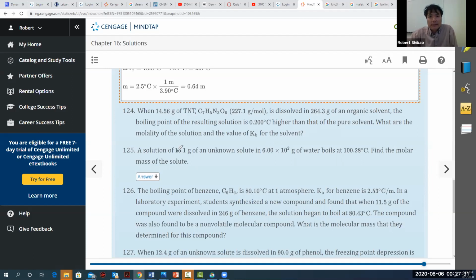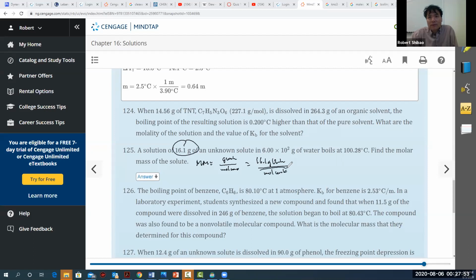The molar mass is equal to the grams of unknown per mole of unknown. We have the number of grams, 16.1 grams of unknown, so what we're missing is moles of unknown.